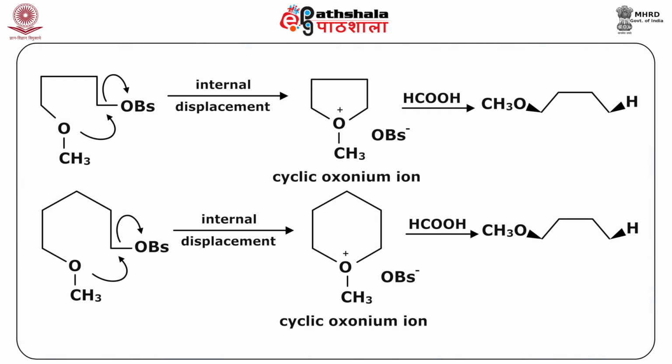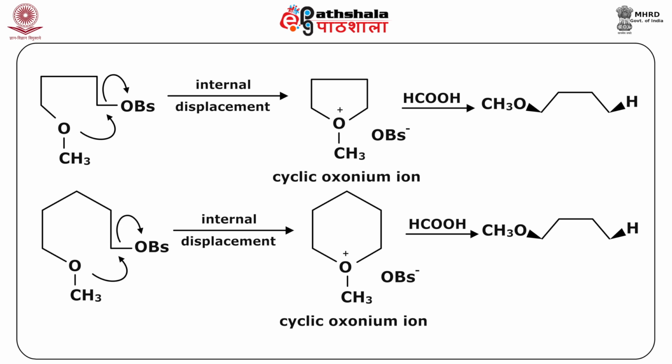Thus, students, the SN2 pathway is the more favorable pathway in which displacement of brosylate is possible for compounds like H3CO(CH2)4OBs, that is the brosylate ion, and CH3O(CH2)5OBs. The internal displacement pathway leads to the formation of relatively stable 5 and 6 membered cyclic oxonium ions.